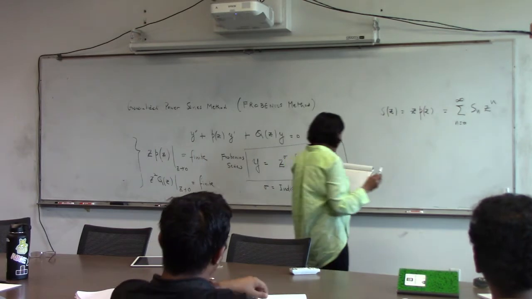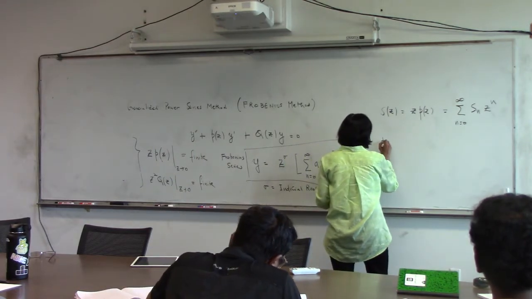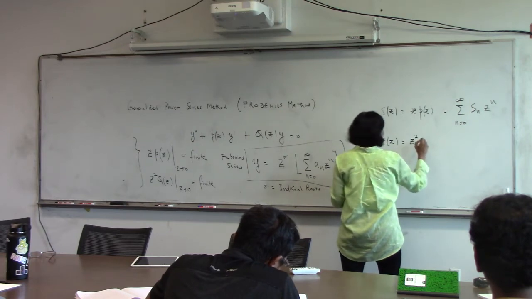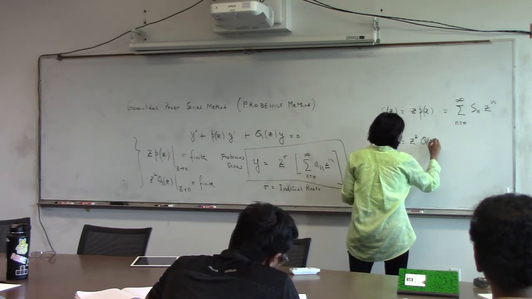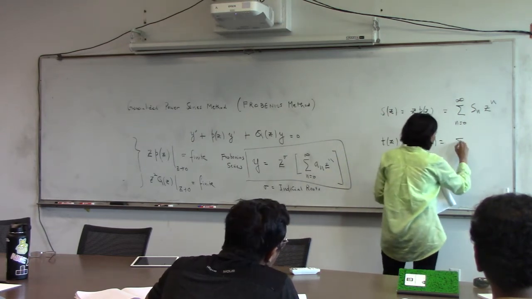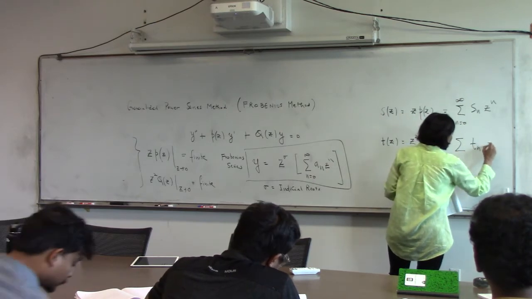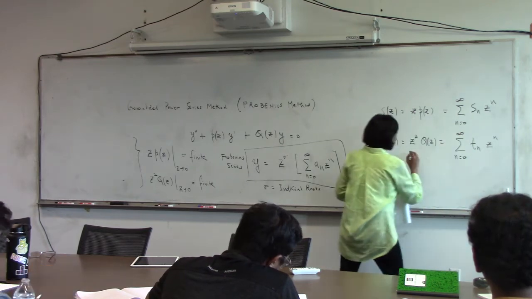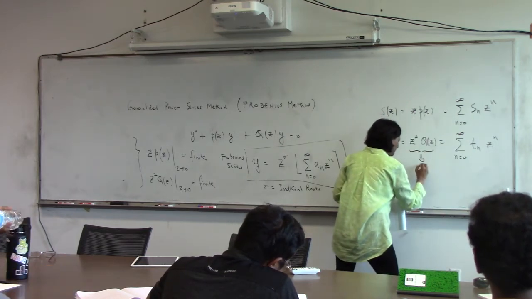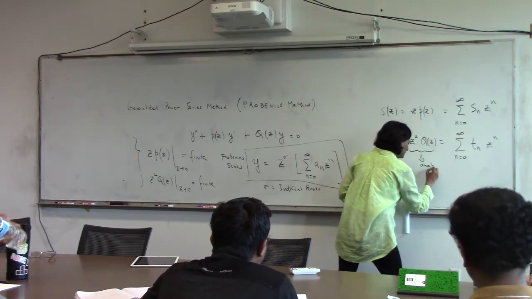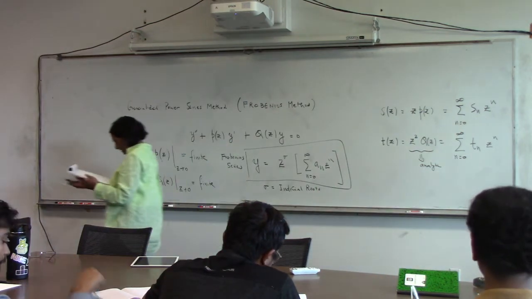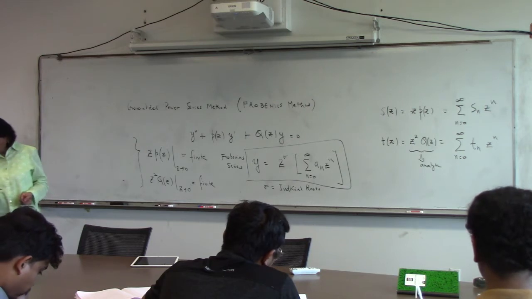Similarly, I can write another function T of z, which is z squared times Q of z, as a Taylor expansion, because this function is analytic. That's what we mean by analytic.